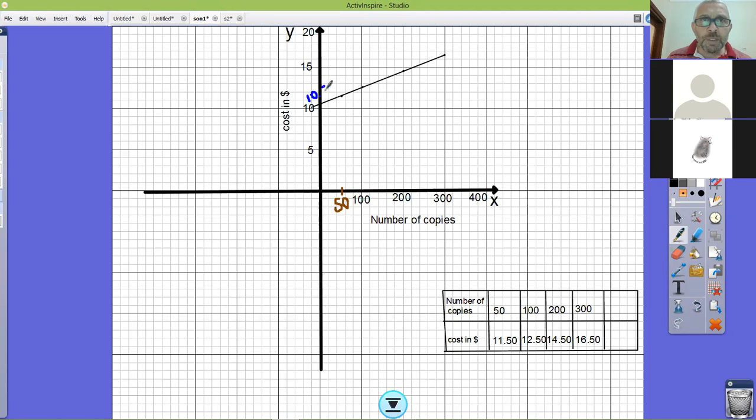If zero printing, we should pay $10.5. This $10.5 will be our C, because it is constant. You are not going to print anything, you just go there and pay $10.5. The C will be equal to $10.5.